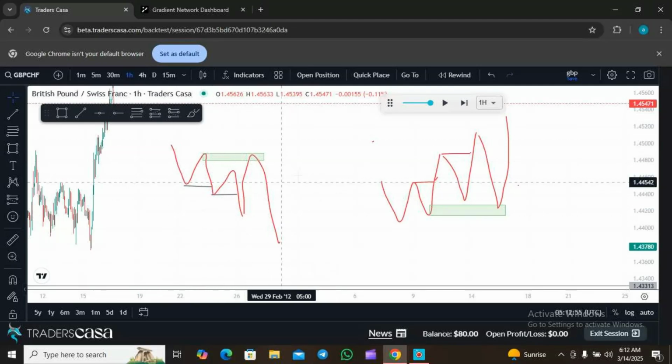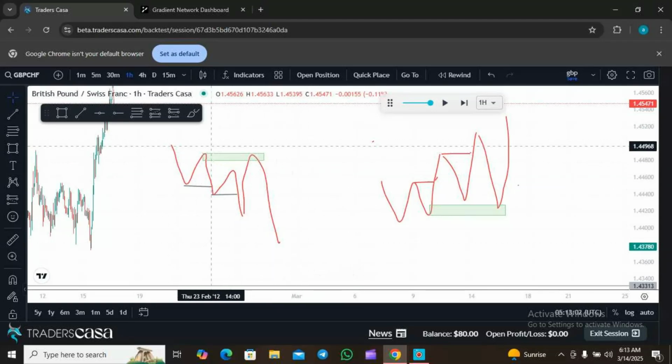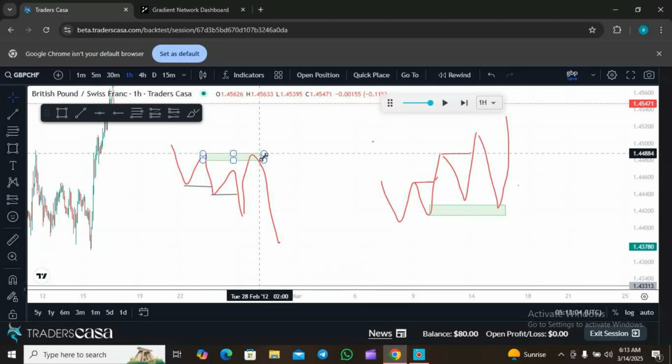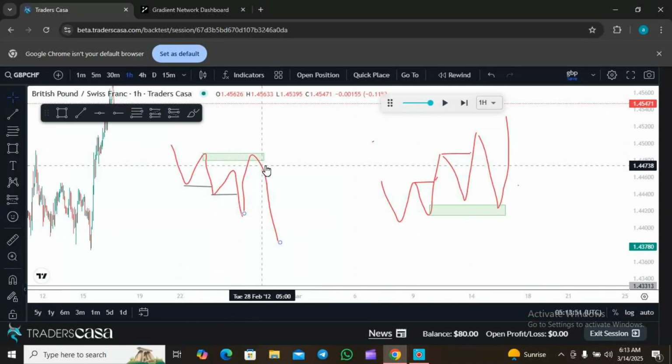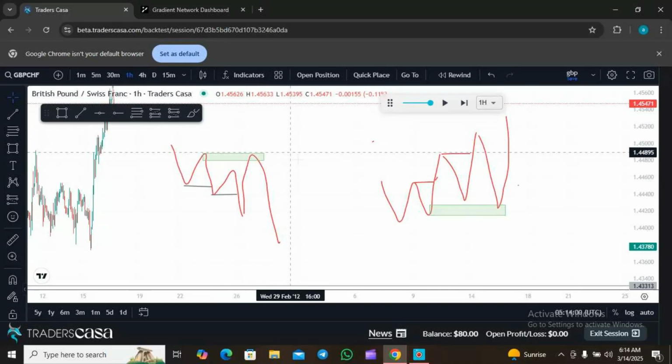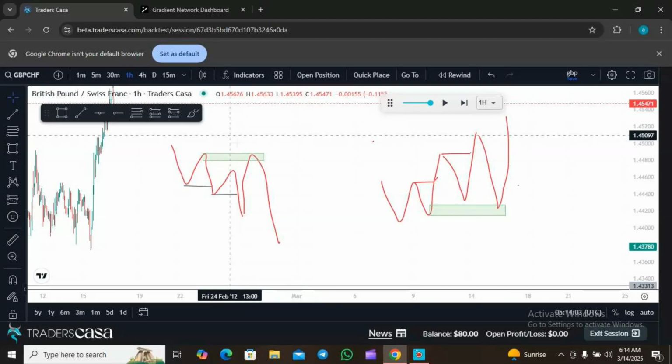It works on all currency pairs, and the validity here is that for this to actually work, it works when it comes in a high probability trade setup, right?